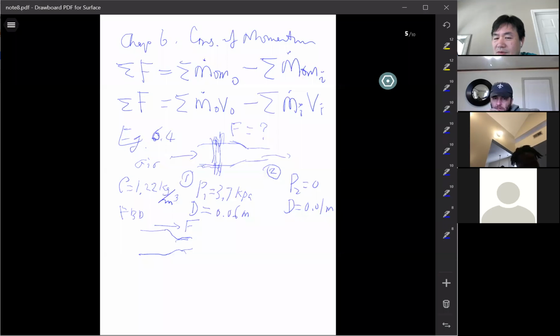Well, you have pressure, right? The motion is not a force yet, unless you do the calculation. Right now it's a motion. Motion is included in the momentum terms. You have velocities. But what I'm asking is the direct force.